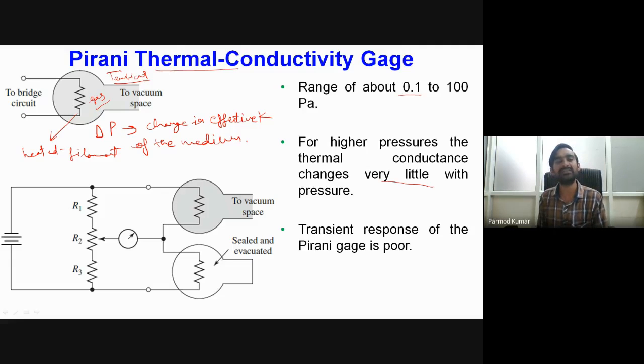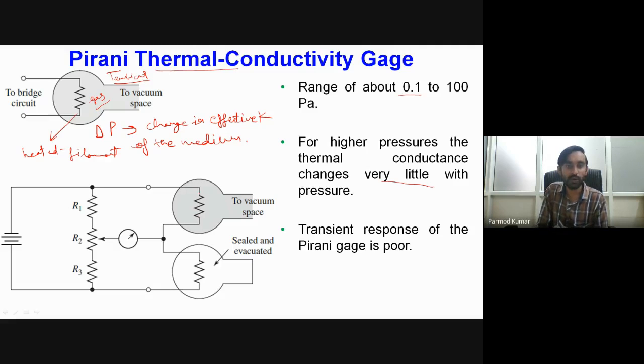So in order to compensate for the effect of surroundings, we consider one evacuated container, and inside that evacuated container we use an equivalent heating filament. This heating filament will exchange heat only with the surroundings, and particularly that exchange of heat will be because of radiation heat transfer.